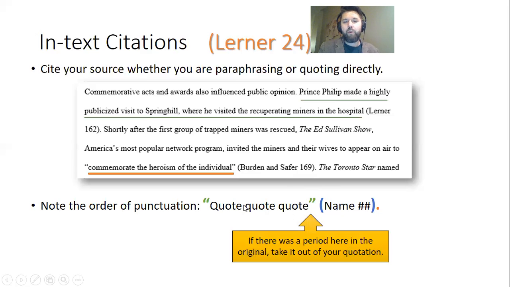So you put your quote into quotes, then you close the quotes, space, open the parentheses, put the author's last name and the page number, close the parentheses, put a period. So note too, even if the original, like in this sentence, maybe there was a period at the end of that sentence, even if there was a period there in the original, you take it out of your quotation. The period should just appear here at the end.